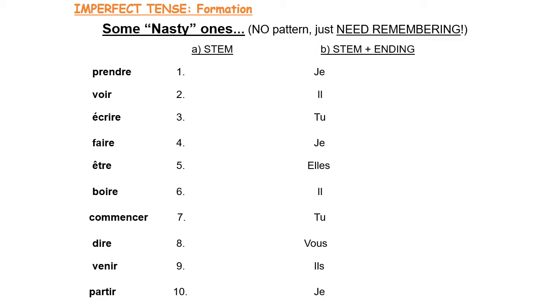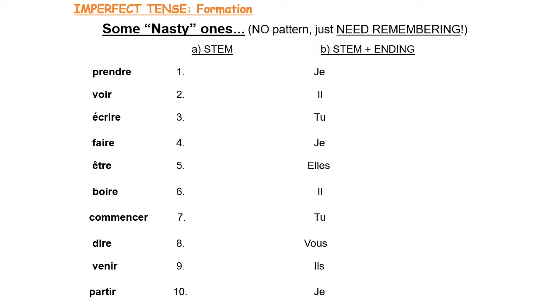Now, don't just go straight to the imperfect tense. I want you to go through the process of finding the present tense, finding its nous form, taking off the ONS, finding that stem, and then adding the endings. So same as the previous exercise, complete this form. And for prendre, well, it's irregular.